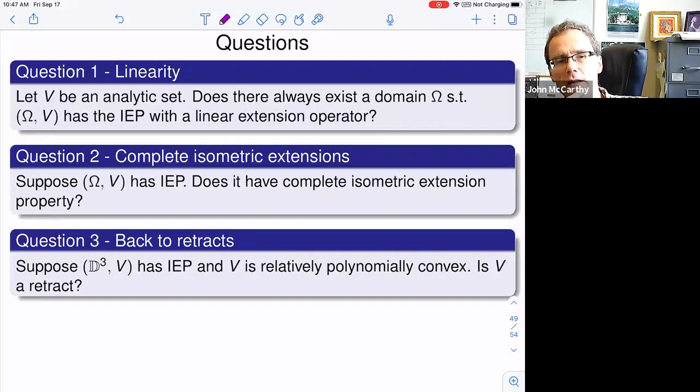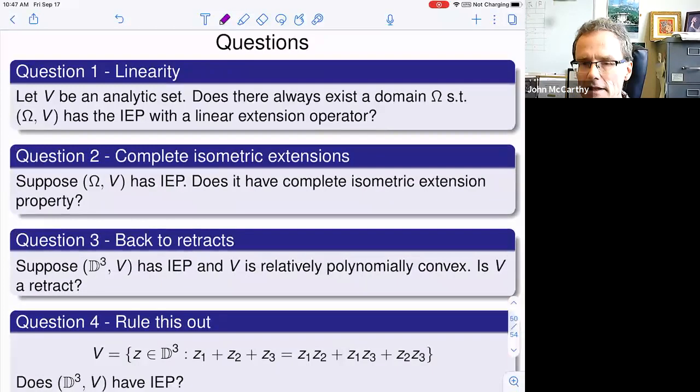Does this force V to be a retract? Now, in the tri-disk, thanks to the Heath-Suffridge result, we know what retracts look like. They're graphs of functions, either a graph of a function of one variable or a graph of a function of two variables. So they're much more tractable than in a general domain omega, where nobody knows much about retracts.